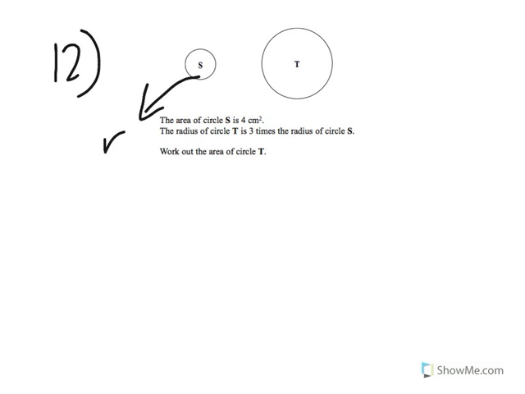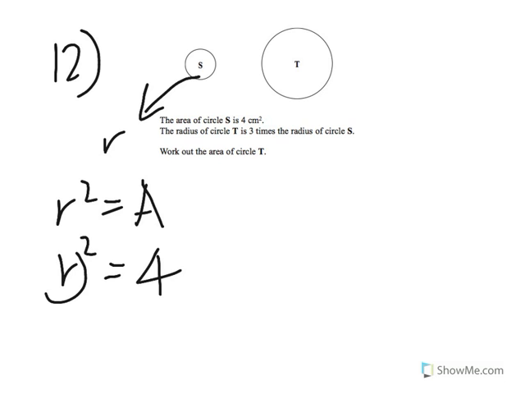So that means that radius squared is equal to area, right? And radius squared is equal to 4, because the area is 4 in this case. Basically any length squared is equal to area. So that's why radius squared, radius is a length, so radius squared is equal to 4.